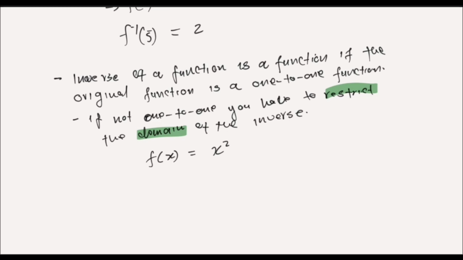So in order to get the inverse to be a function, we have to restrict the domain. We can choose the values of x to be from 0 to infinity, so we choose x to be greater than 0. For that, we would get a function that is going to pass the vertical line test.